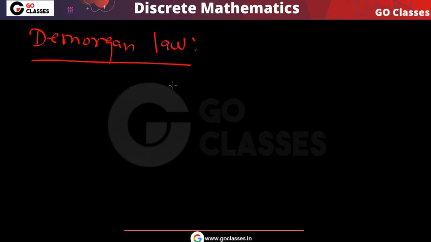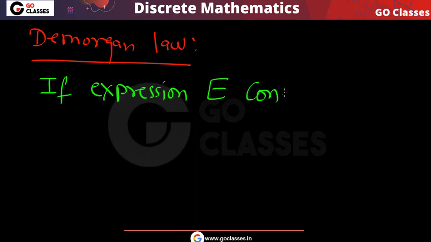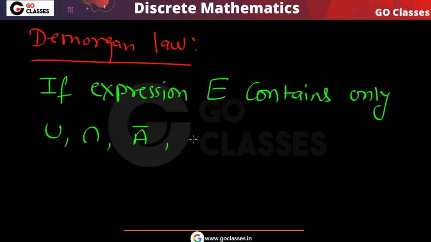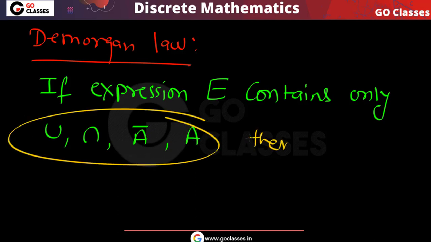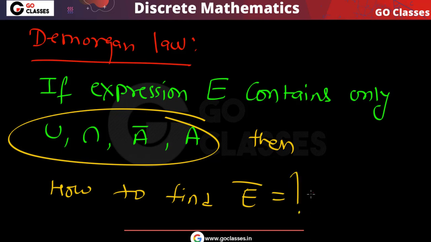So if you have some expression E, and that expression contains only union, intersection, complement, these types of things, then how to find E complement? In this type of situation you can apply the De Morgan law.